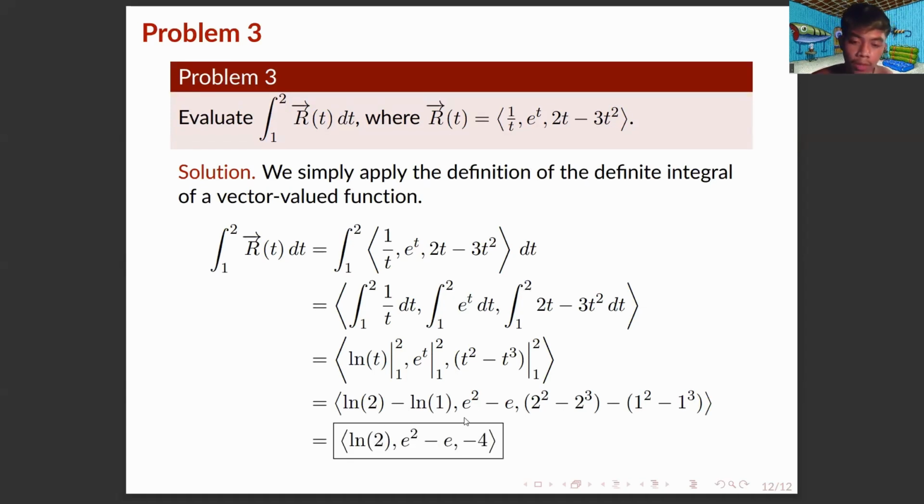For the second component, that is equal to e squared minus e. For the third component, 1 squared minus 1 cubed is 0. So we have only 2 squared, which is 4, minus 2 cubed, which is 8. And therefore, we have negative 4. And we have the final answer here.